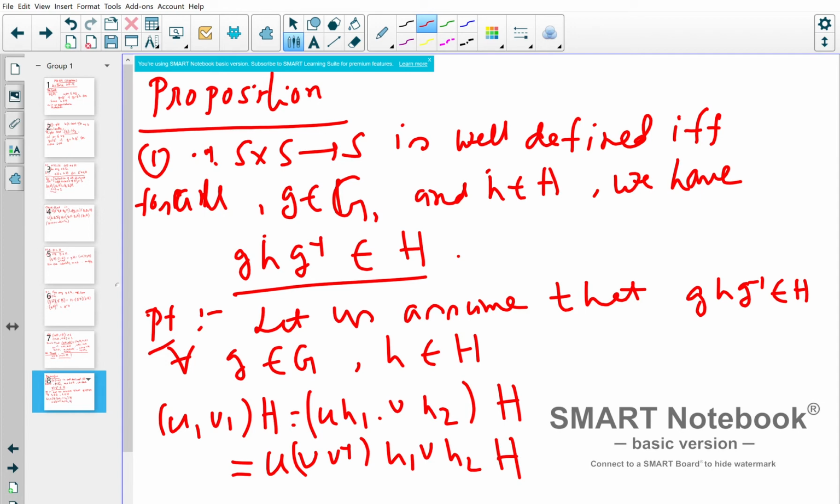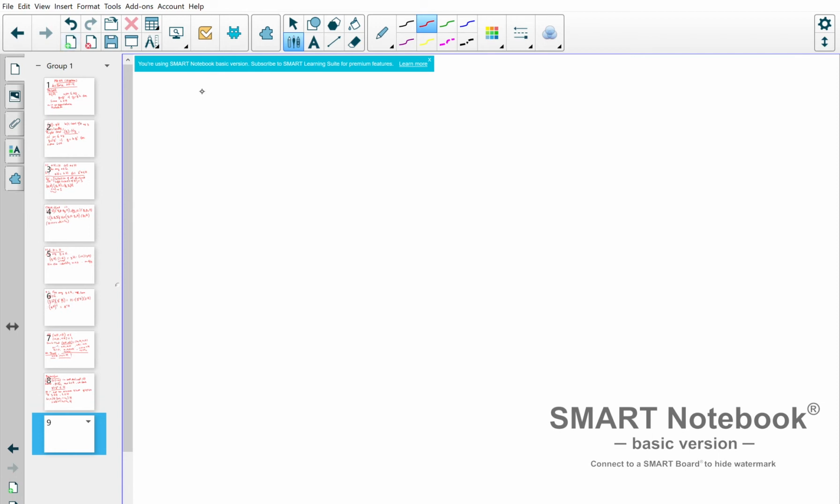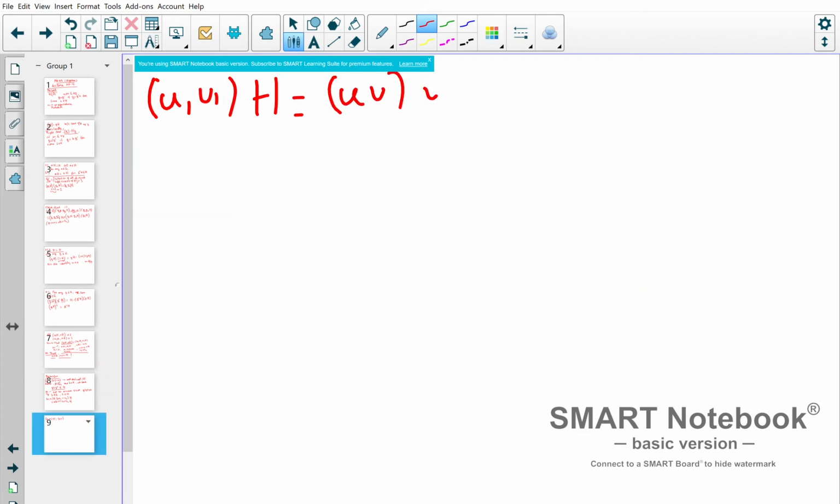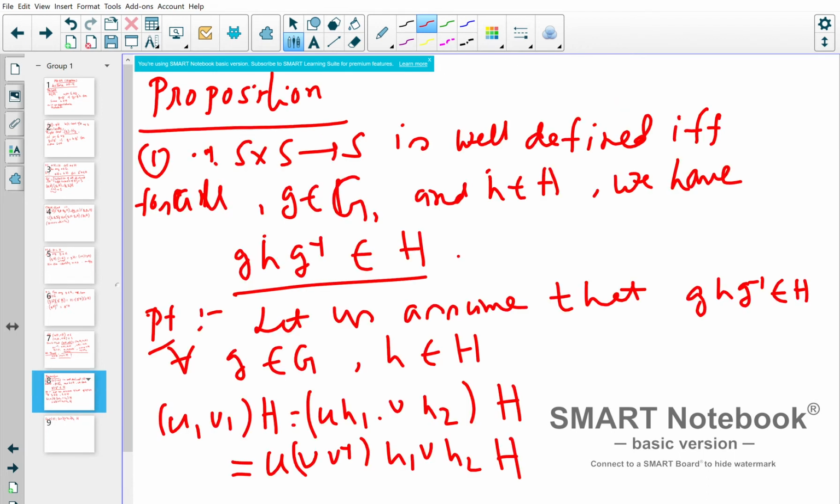Okay. Now, just use associativity. The associative property tells us that U1 V1 of H is nothing but UV, and then what we have, V inverse H1 V, right? So V inverse H1 V and then H2 of H. Now you just recall what I assumed. I assumed that GH G inverse is an element of H for all G, right?